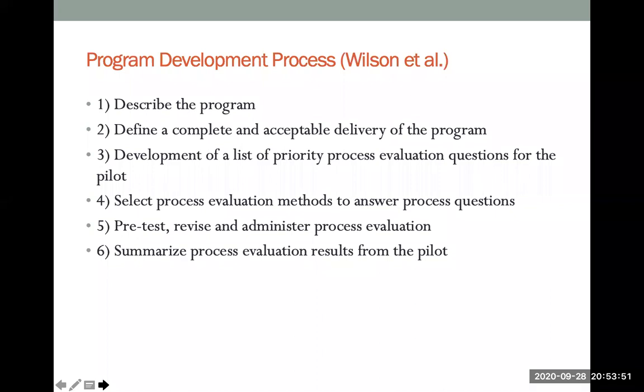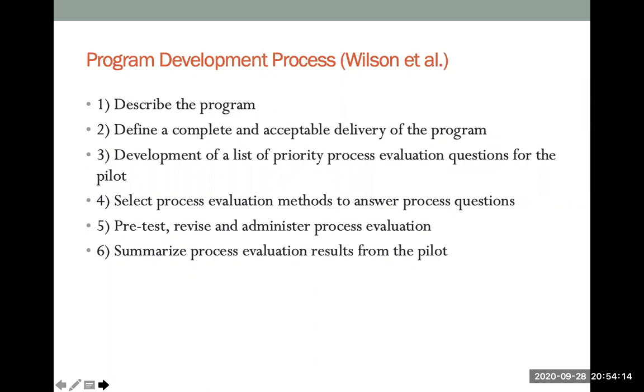And what they were able to learn through the summary process was how they were going to actually improve the program. And the point around both formative and process evaluation is to really identify how the information gathered, the data gathered, really aims to improve the program itself.